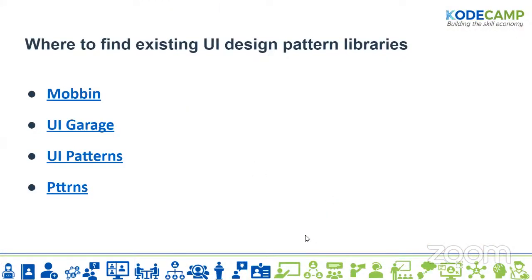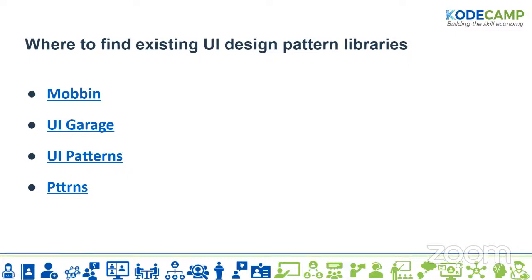So these are places you can find existing UI design pattern libraries. We have Mobbin, we have UI Garage, and UI Patterns. There's actually no shortage of UI design pattern libraries that offer inspiration and a wealth of information.